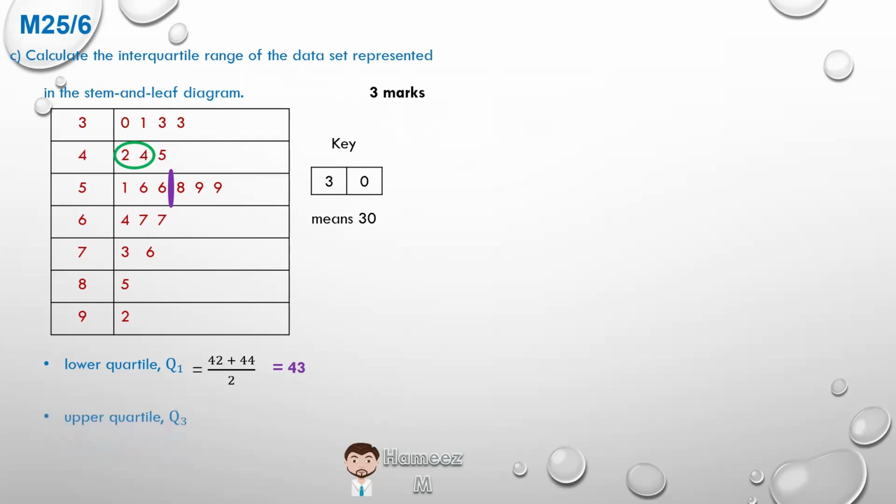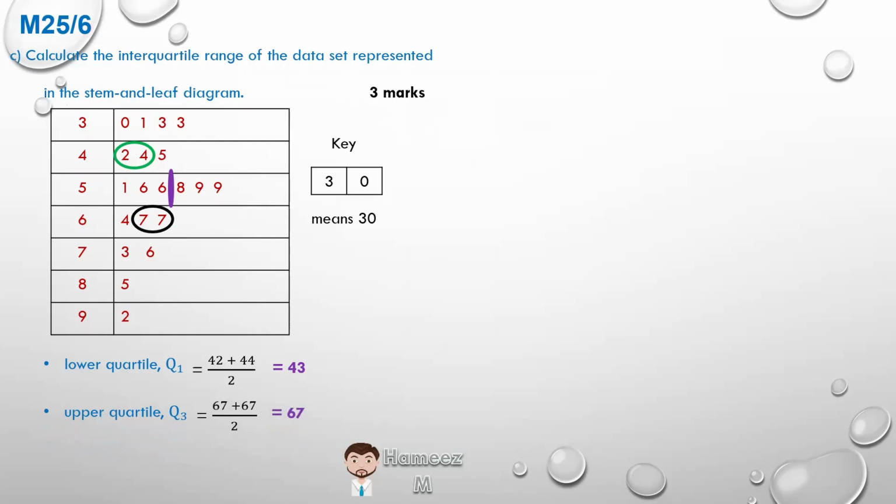Let's look at the upper quartile now, Q3. Q3 would be between the 15th number and 16th number. The second half starts from 58. That's the 11th number, 59, 59, 12 and 13, 64, 14, 67 is 15, 67 is 16. So what number lies between 67 and 67? Of course, it's itself, 67.